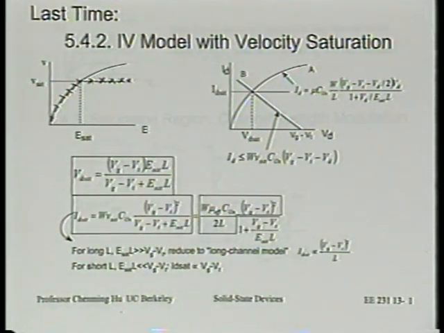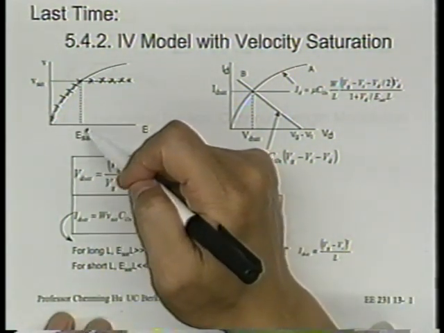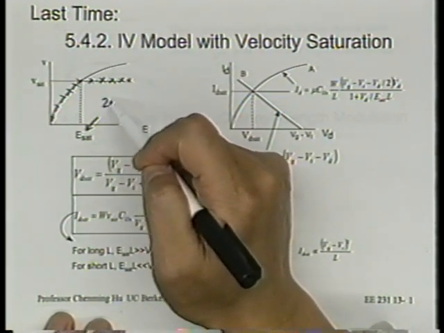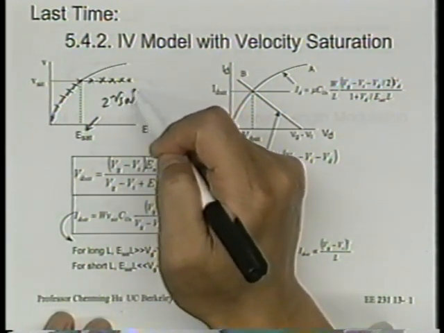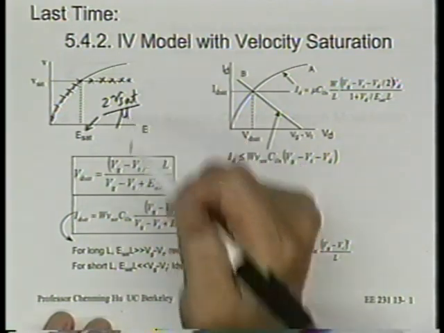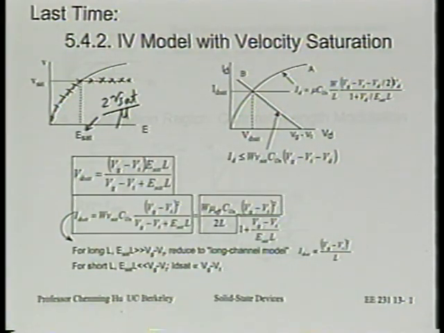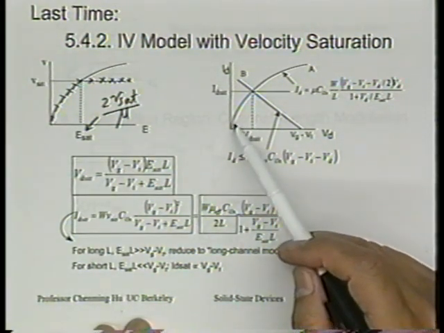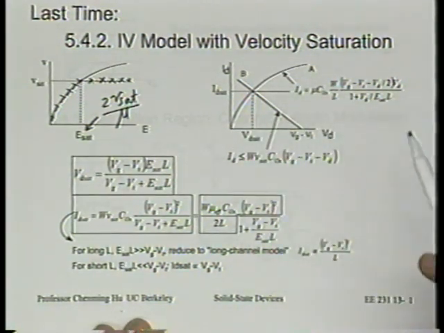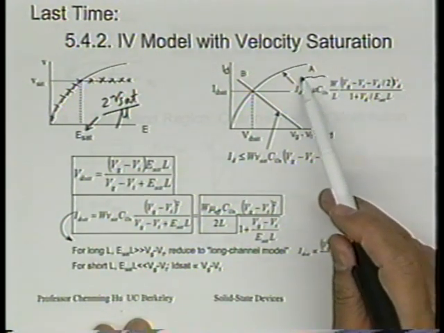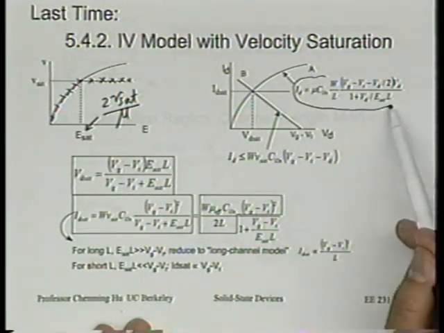In this particular model, just to remind you, E set is equal to 2 times V set divided by mu, all right? Mobility. Using this model, we ended up with 2 IV equations. One IV equation is what we call equation A, which is really very simple.